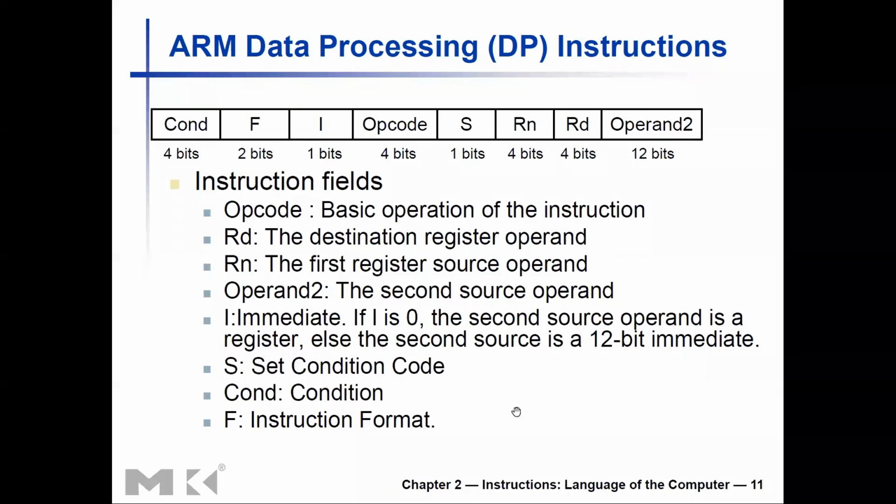This is the first instruction encoding format you are going to see: ARM data processing instructions, and how a data processing instruction is encoded in binary in ARM. When you represent that instruction in binary, it is split into 8 fields.